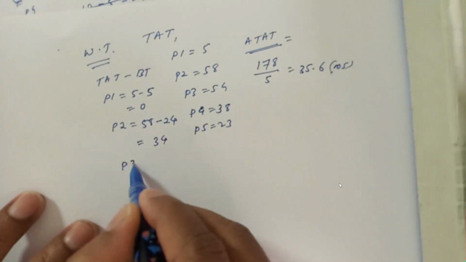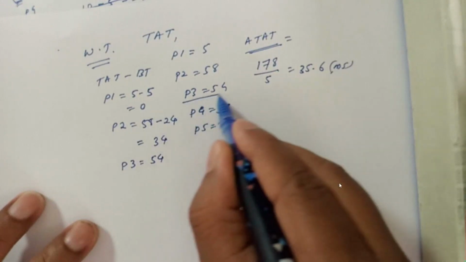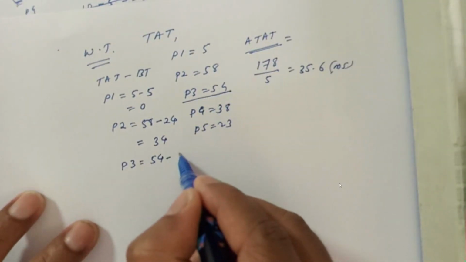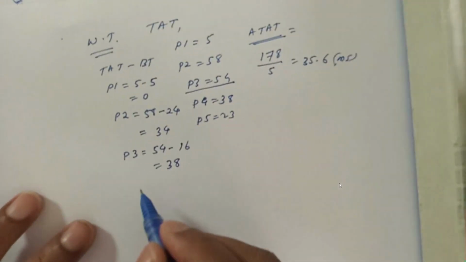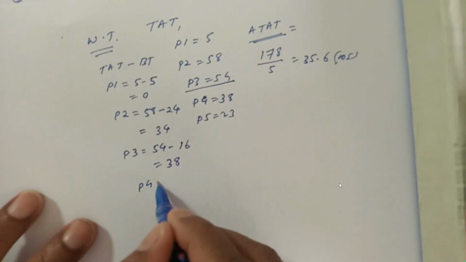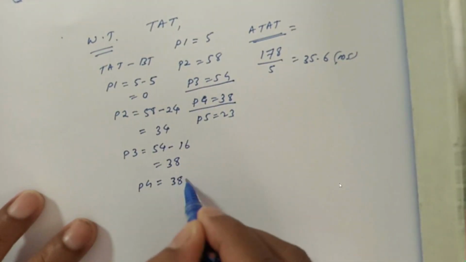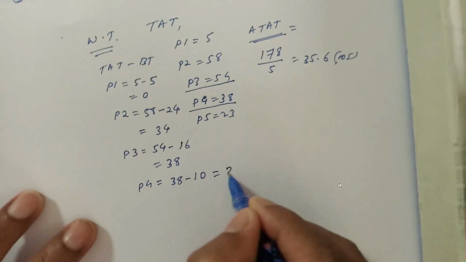Then for process P3, it is 54, that is turnaround time, and minus the burst time. So burst time for process P3 is 16, that comes around 38. Then for process P4, turnaround time is 38. So 38 minus 10, the burst time, that comes around 28.